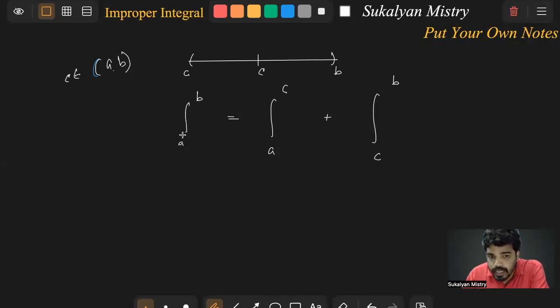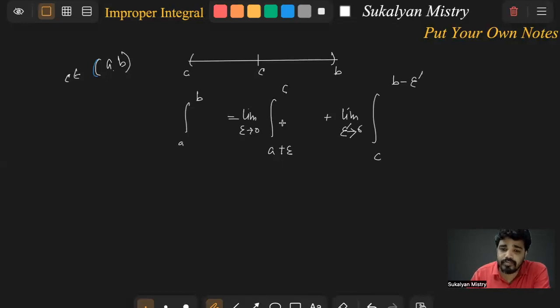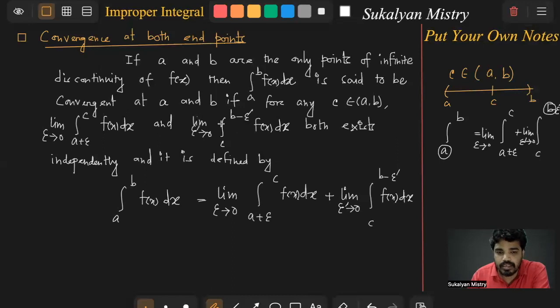If a is the left point of discontinuity, we add a plus epsilon, limit epsilon tends to 0. b is the right end point of discontinuity, so b minus epsilon dash, limit epsilon dash tends to 0. Getting my point? That is what I have written here: integration a to b f(x) dx is limit epsilon tends to 0 integration a plus epsilon to c f(x) dx plus limit epsilon dash to 0 integration c to b minus epsilon dash f(x) dx.